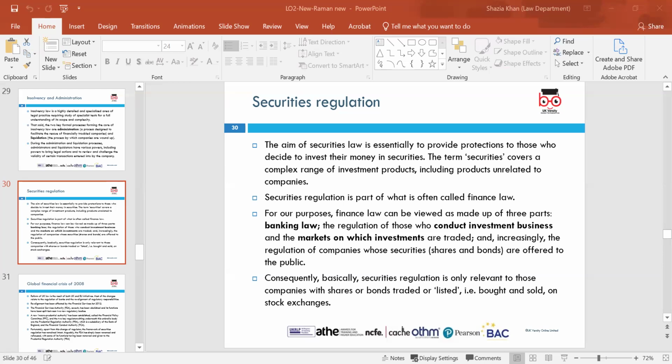The term security covers a complex range of investment products, including products unrelated to companies. Securities regulation is part of what is often called finance law. Finance law can be viewed as made up of three parts: banking law, the regulation of those who conduct investment business, and the markets on which investments are traded.